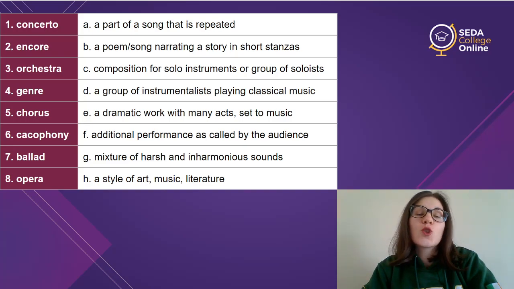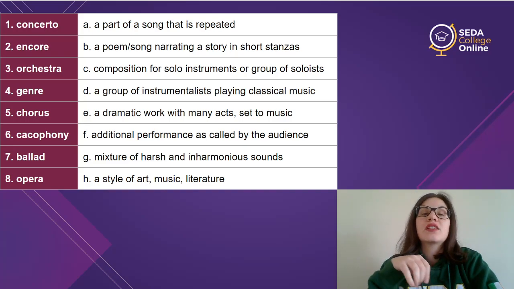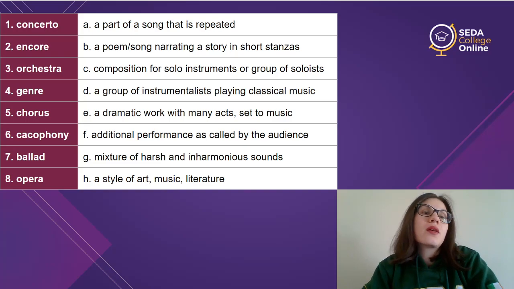Okay, so you see the definitions as well. A part of a song that is repeated. A poem or song narrating a story in short stanzas. Stanza is a line, okay, in a poem. Composition for solo instruments or a group of soloists.